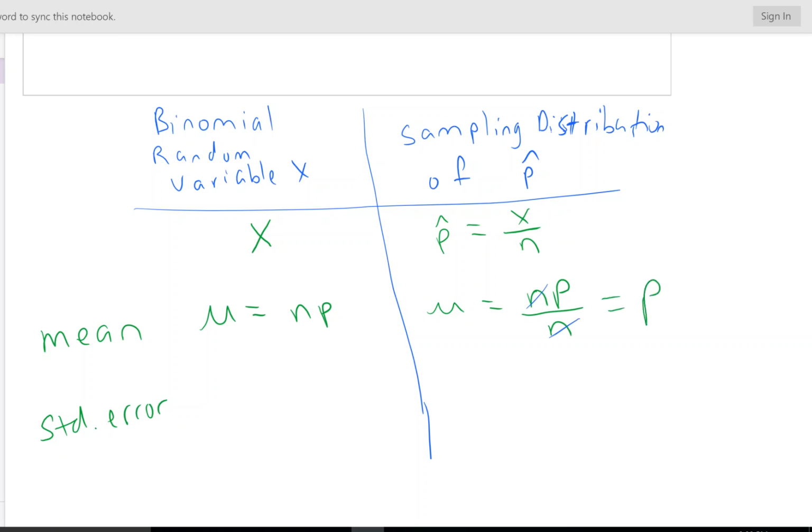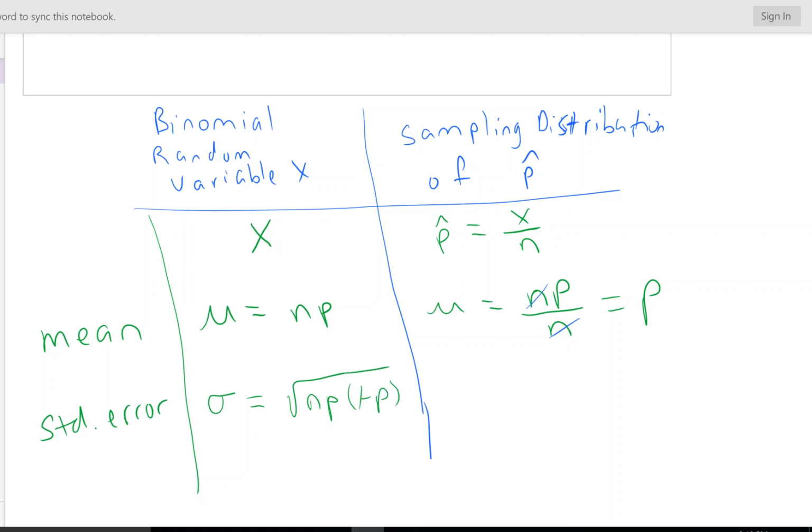All right, and now let's finally take a look at the standard error. Sigma for the binomial random variable is the square root of n times p times q. All right. Now, I could also write this like this: n times p times 1 minus p.